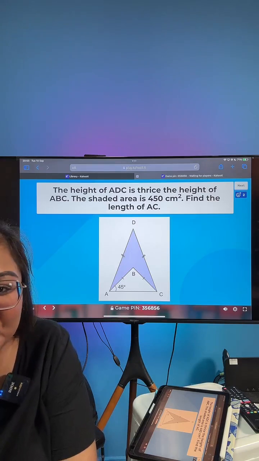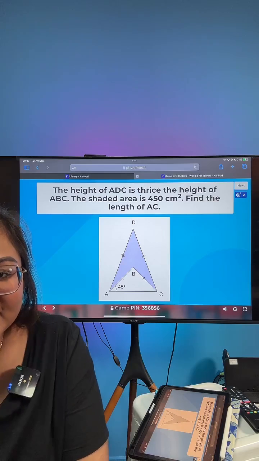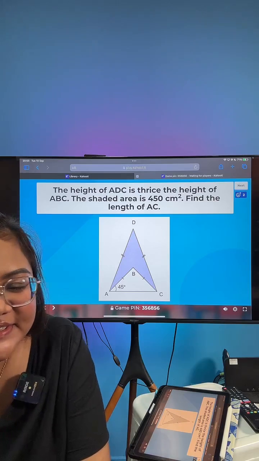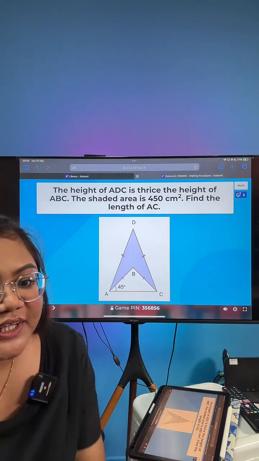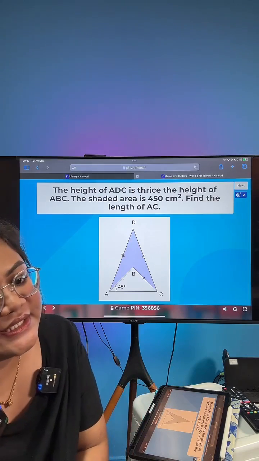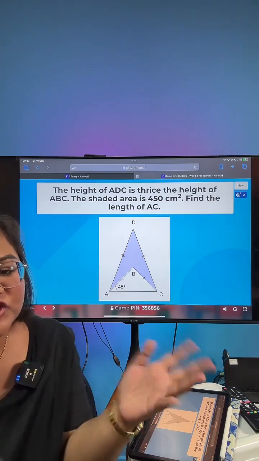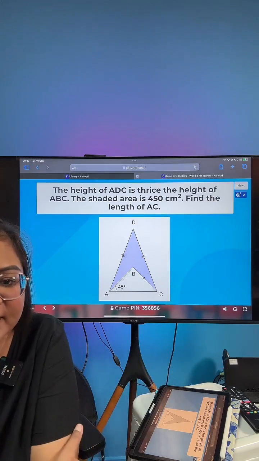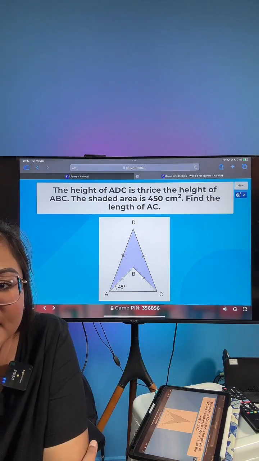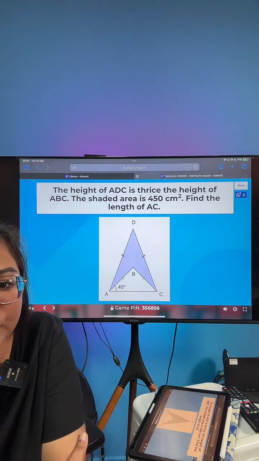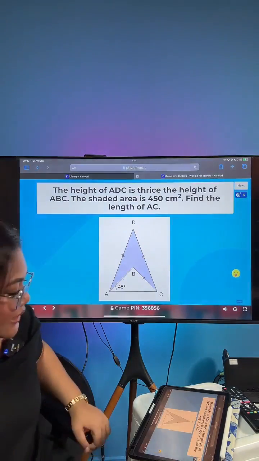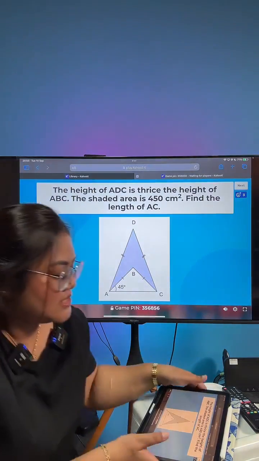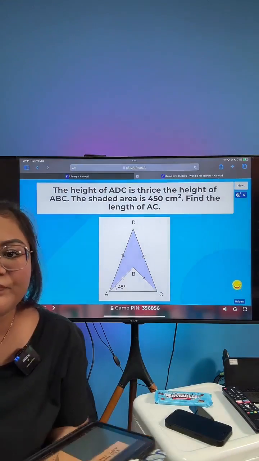Shazana, you got it. Good job. Some of you have gotten the correct answer. Good job. There is no need to answer here. This is just open for discussion. So, what do we do here? Anybody wants to type in the solutions? What do we do to get the answer for the length of AC?